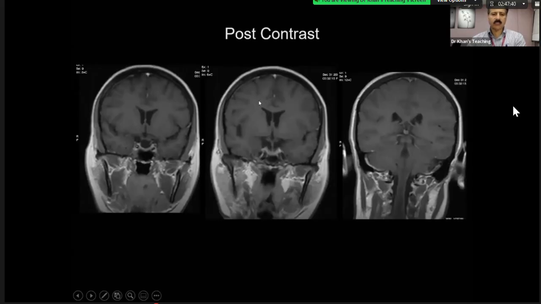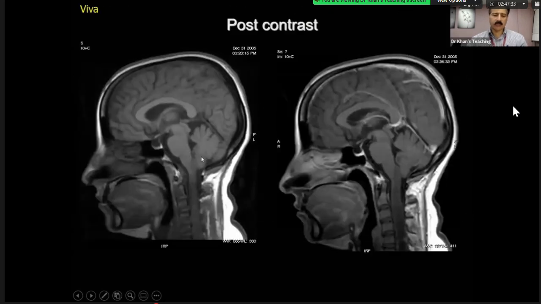Then other than dura, wherever there is no blood-brain barrier, there will be enhancement. For example, pituitary, there is no blood-brain barrier there, it will enhance. This is the anterior pituitary, this is the infundibulum, it will enhance. Pineal will enhance. At times pineal enhancement is slightly delayed, but it can normally enhance.